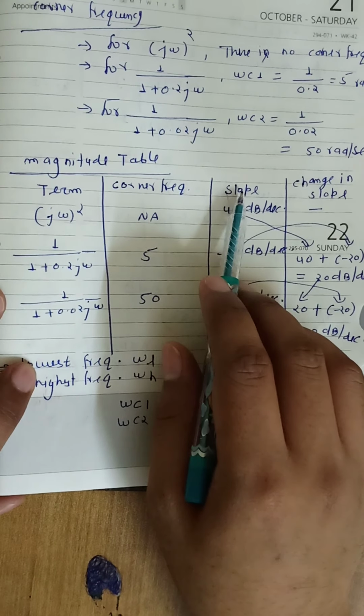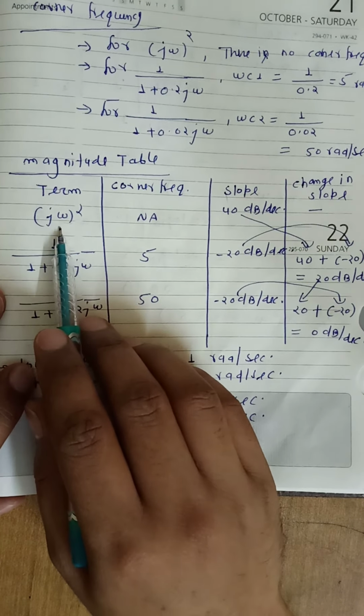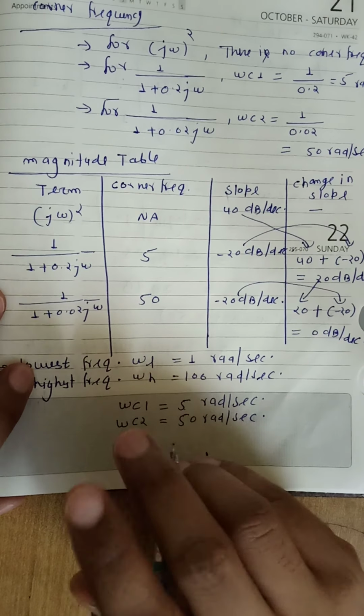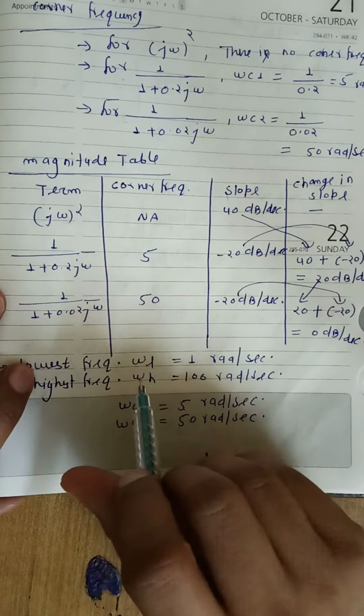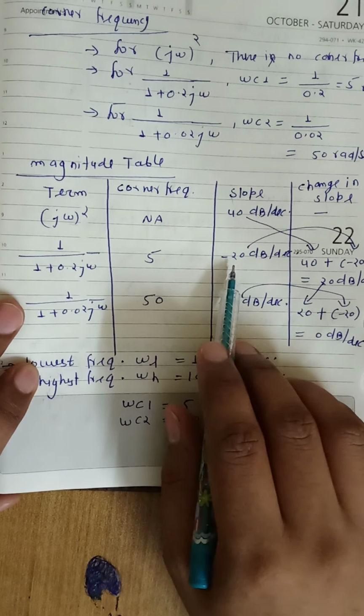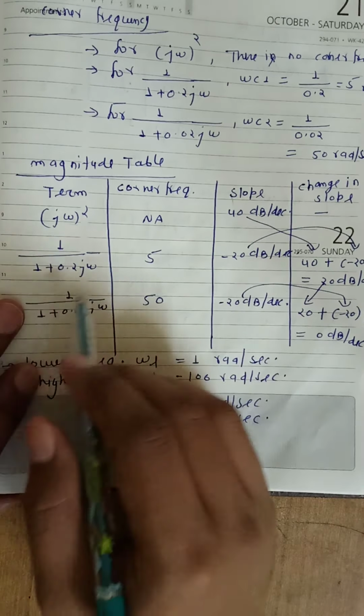Now let us see how we can define slope. For the first term, you have two zeros at the origin. That's why we have slope 40 dB per decade, because I already told you for a single zero we have slope 20 dB per decade, but here we have two zeros at the origin. For the second term we have slope minus 20 dB per decade, because the second term will define a single pole at s equal to minus 5.